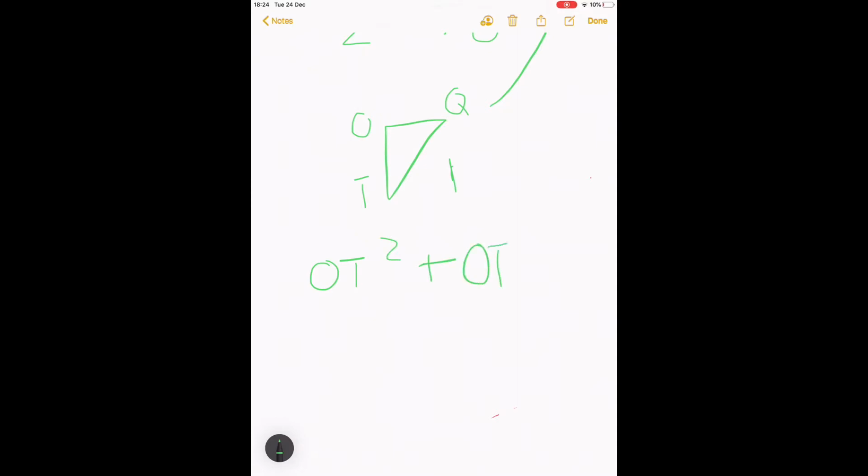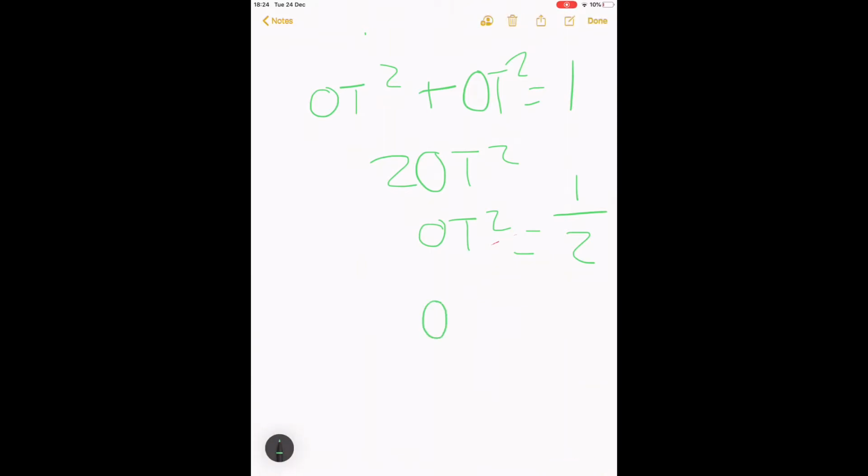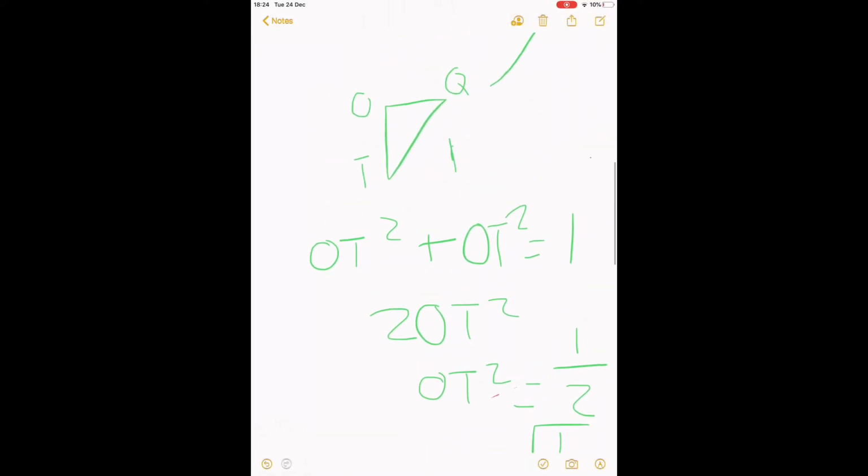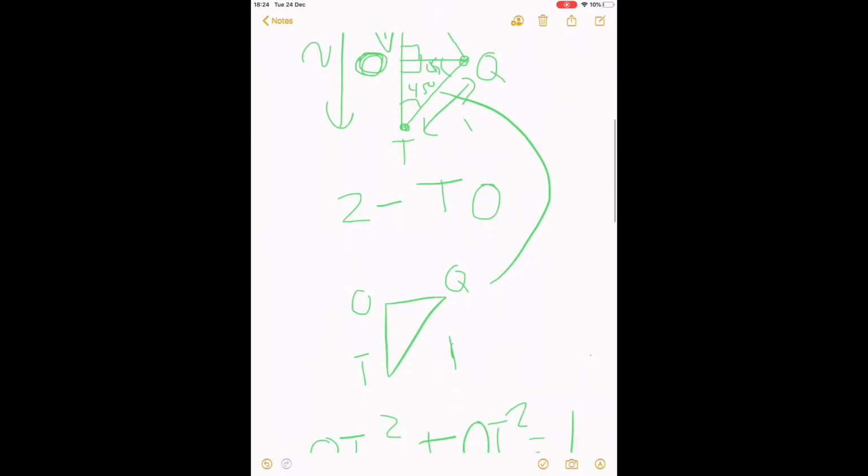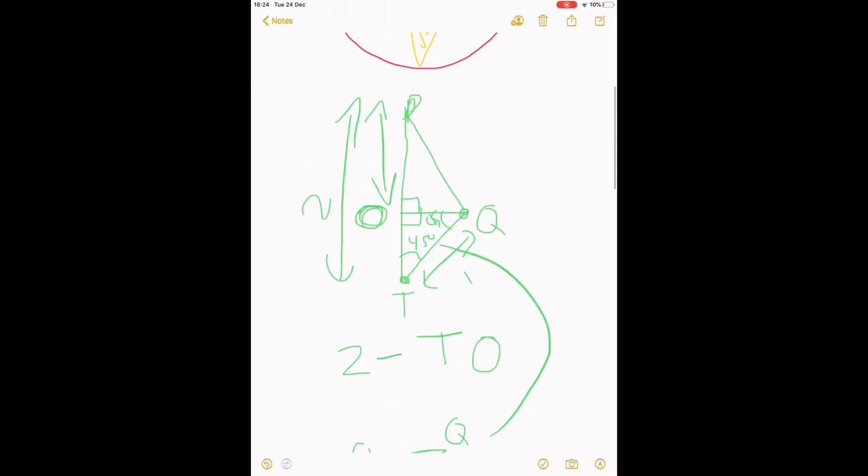That's 2 OT squared equals 1, so OT squared is 1 over 2, and OT is the square root of 1 over 2.